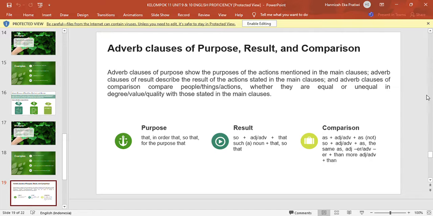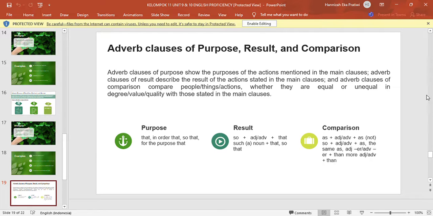For the purpose, can be used: that, in order that, so that, for the purpose that. For the use about result: so plus adjective or adverb, adding that; such, or a noun, adding that; and so that.